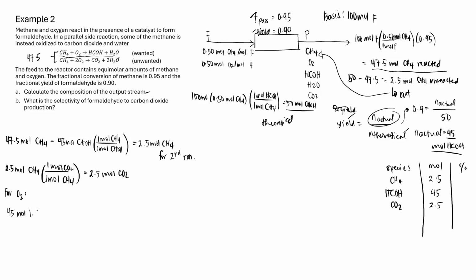So 45 moles formaldehyde, and then per 1 mole of formaldehyde, 1 mole of oxygen is needed. So that's 45 moles O2. And then for the second reaction, I already have the data from CH4 or CO2. So I'll use the CH4. So 2.5 moles.